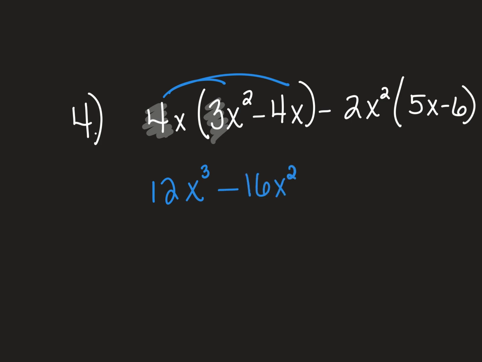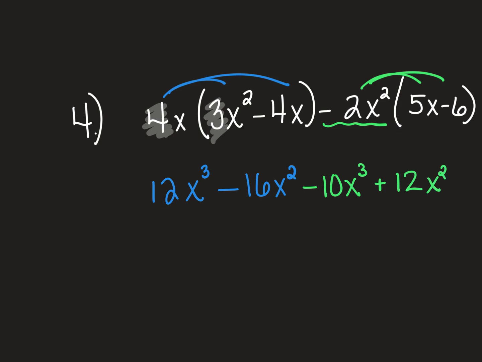I'm going to switch to green for the second set of distributing, and I need to make sure that I distribute a -2x squared. So that's going to produce a -10 x to the third, and then -2 times -6 is positive 12 x to the second.